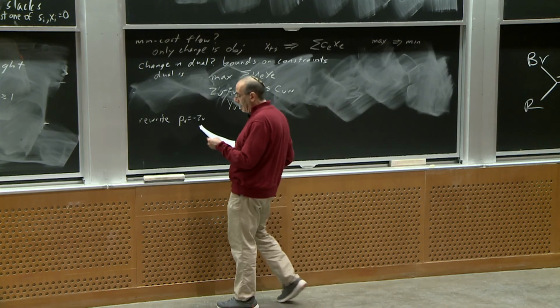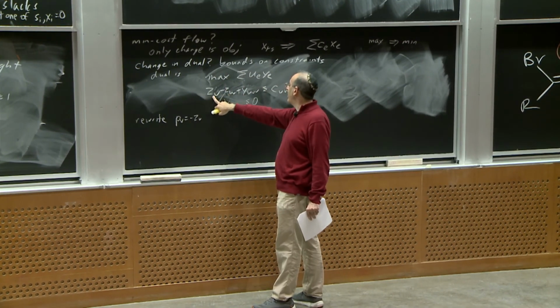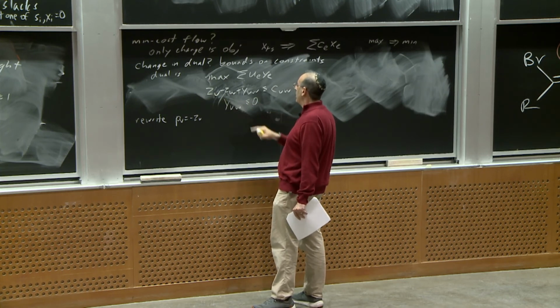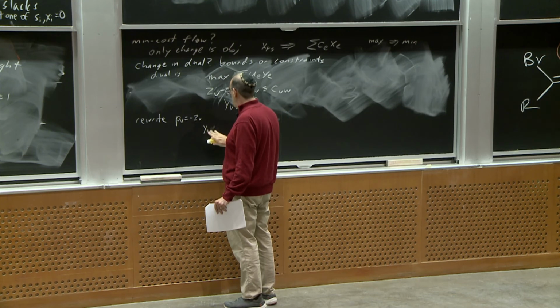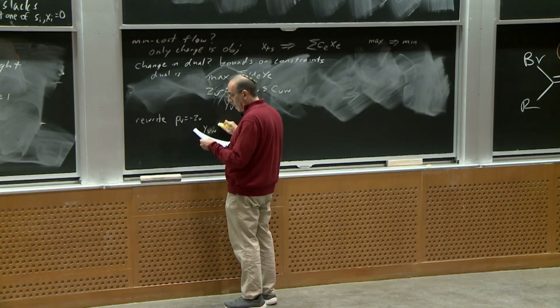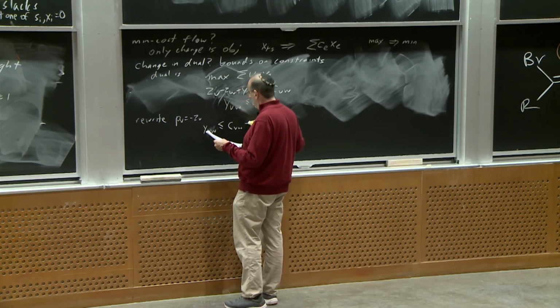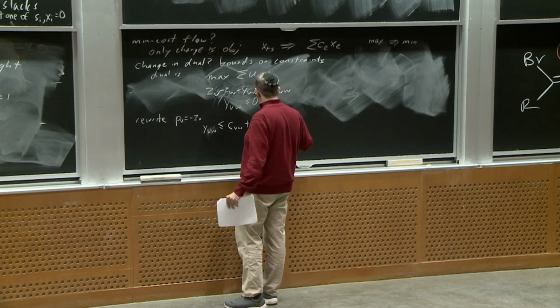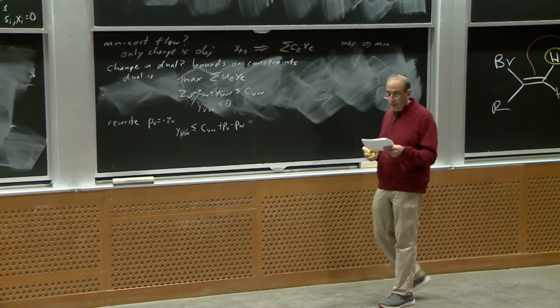And so this lets me rewrite the constraints. Right? Now this is PW minus PV instead of ZV minus ZW. And I'm going to move it to the other side and write this as YVW less than or equal to CVW plus PV minus PW. And we also have that YVW is less than or equal to 0.